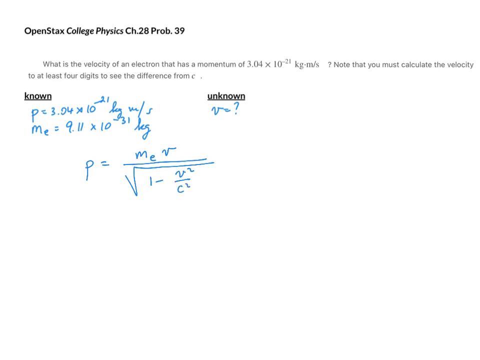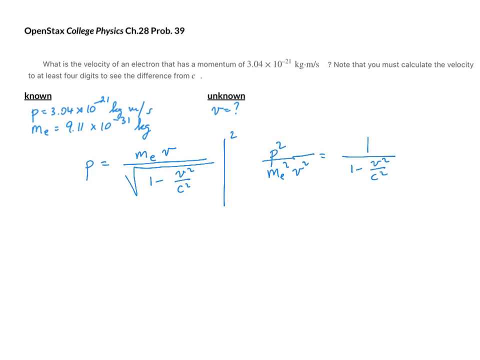We're looking for the velocity, so let's square both sides and divide by m_e v. So then we have p squared divided by m_e squared v squared is equal to 1 over 1 minus v squared over c squared.